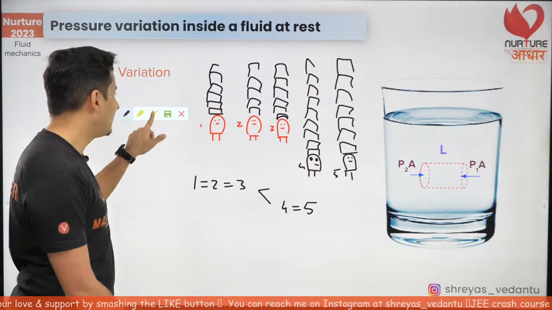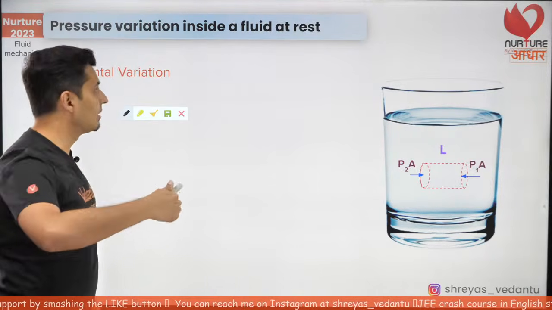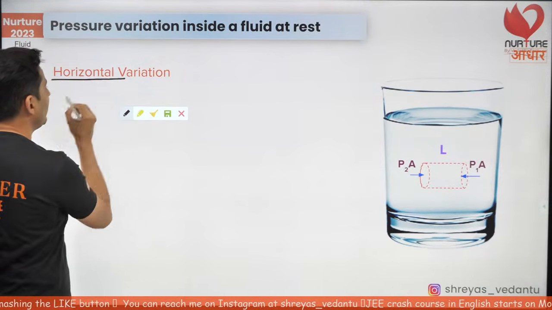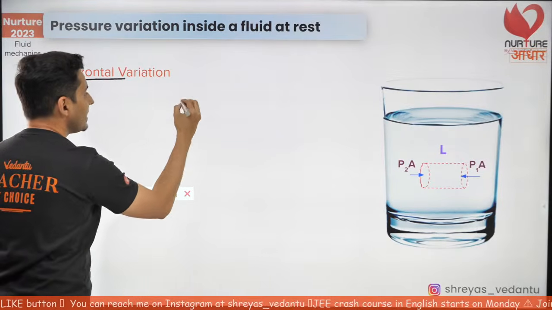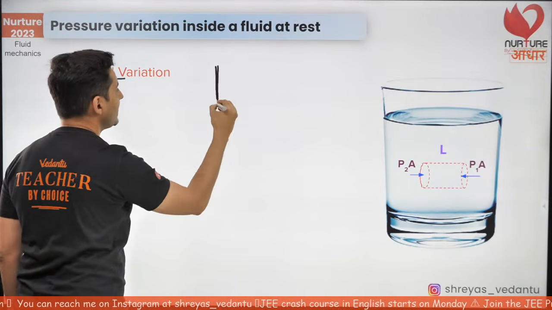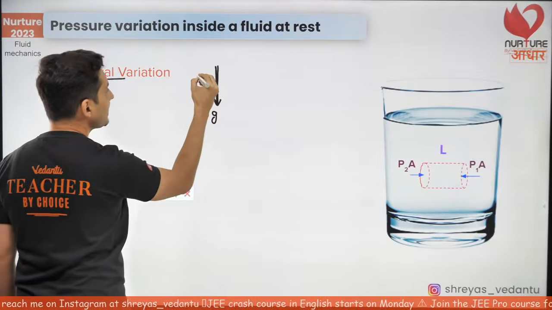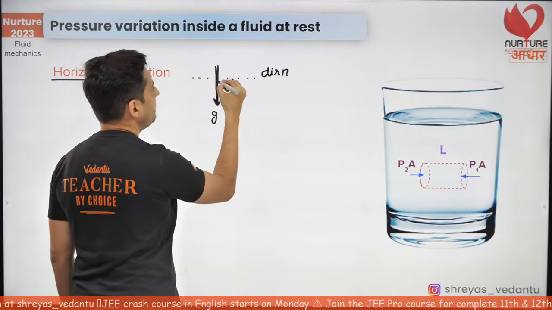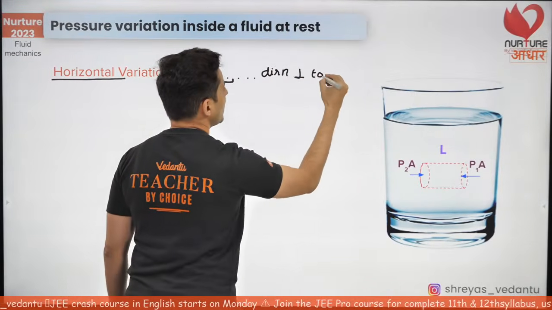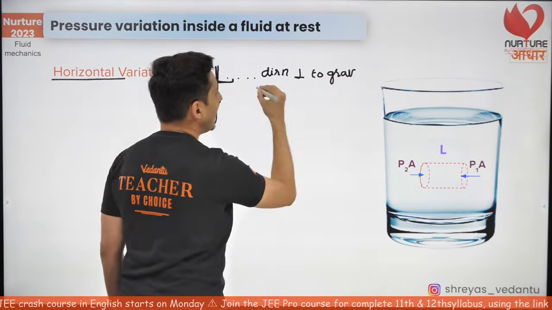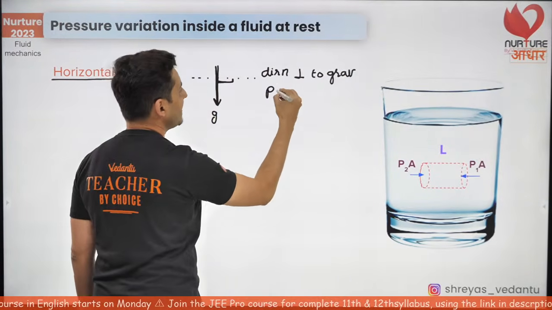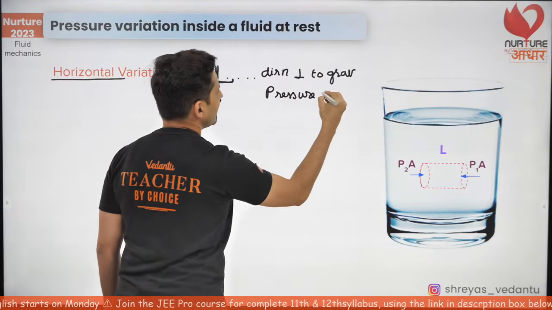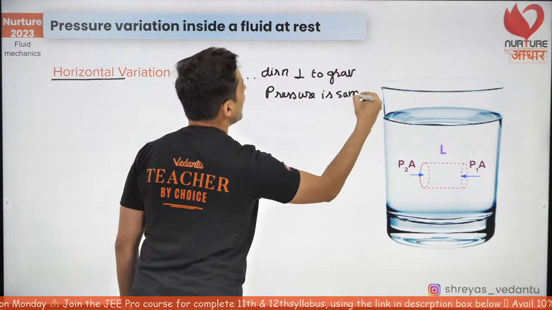Also keep this in mind, this is a more general rule. Actually, a better word than horizontal is this: when gravity is down, in a direction perpendicular to gravity, pressure is the same.